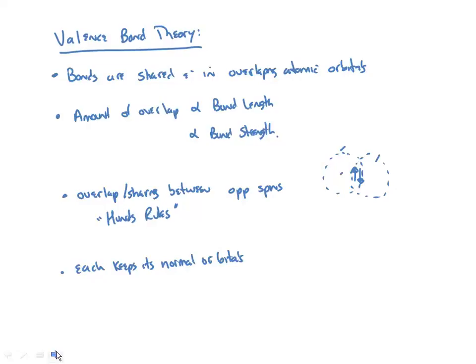So for this process to work, we have to take a look at what things are happening. So for instance, if I take a look at hydrogen, what valence bond theory is saying is that I've got two 1s orbitals that are overlapped like this, and there's my 2 electrons that are shared in my 2 hydrogens.